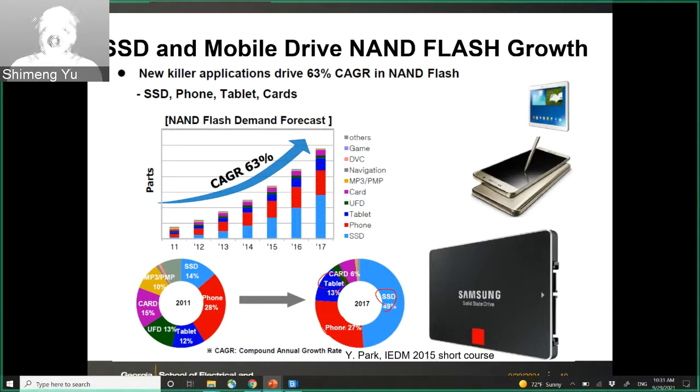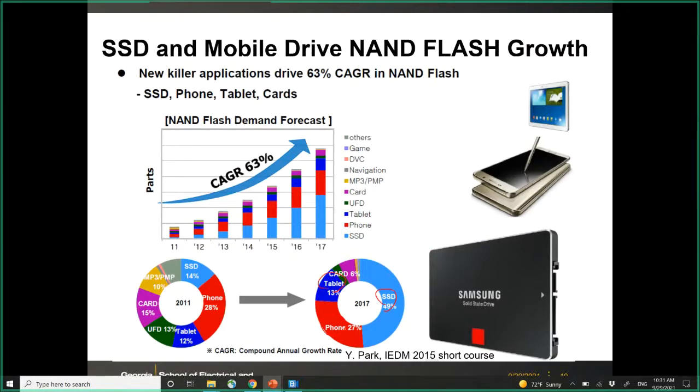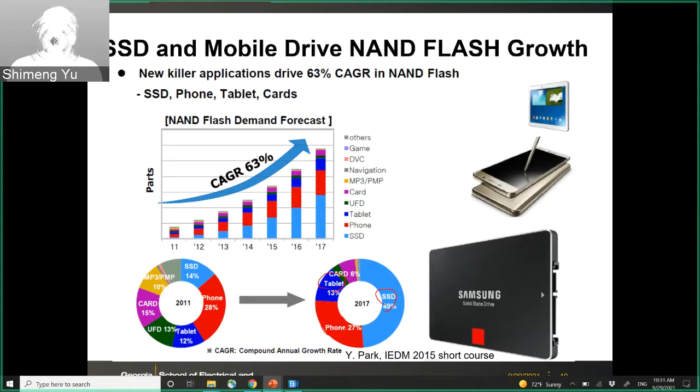Those are the major consumers for the NAND Flash, and especially the data center is renovating their data storage infrastructure. Data centers used to use hard disk drives to store your data, but nowadays they have all replaced that with SSD. Of course, they still have the hard drive or even the tape for archiving purposes, but most of the active data is stored in the SSD.